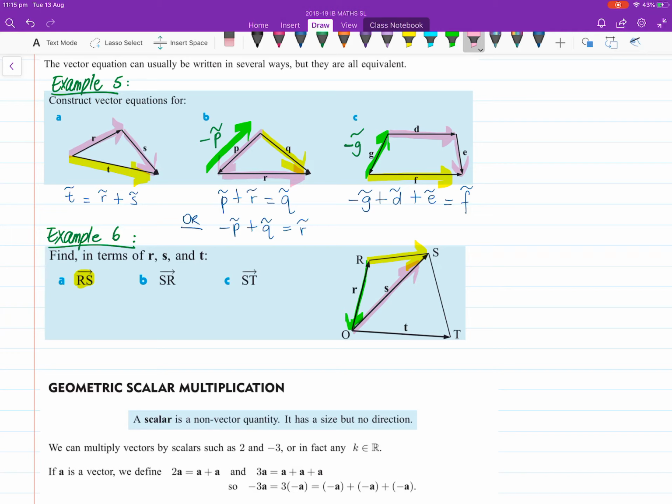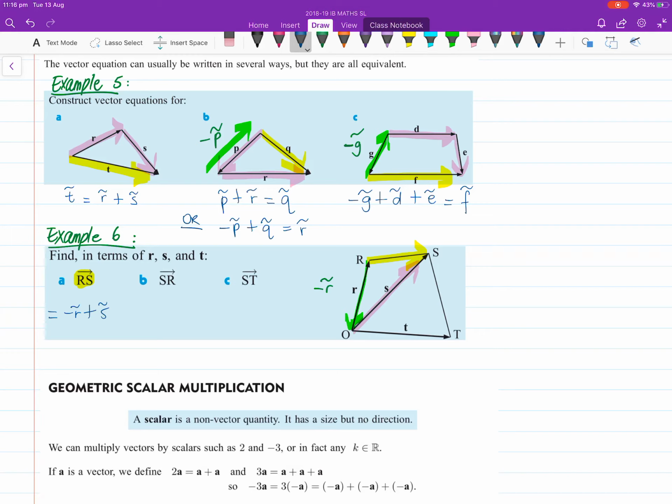That would give me the end yellow one. So you can see I'd have to reverse my R here. So then vector RS is going to be equal to negative vector R plus vector S. That would give me vector RS.